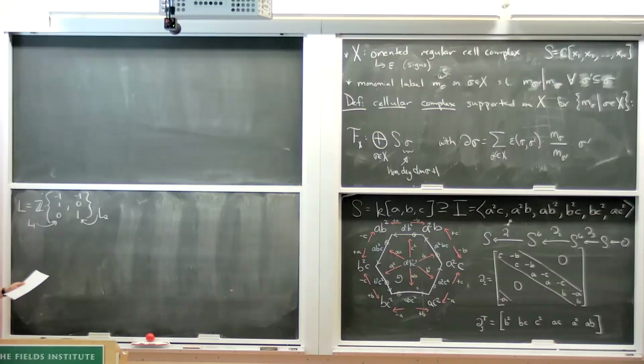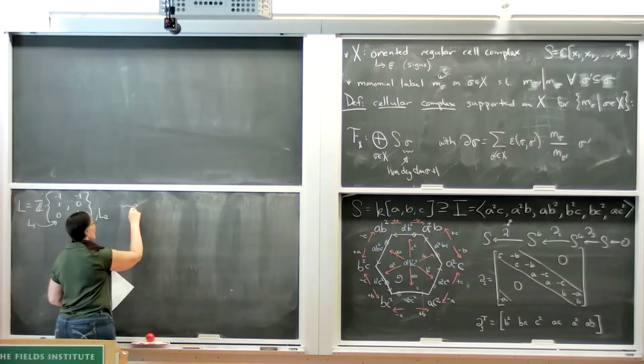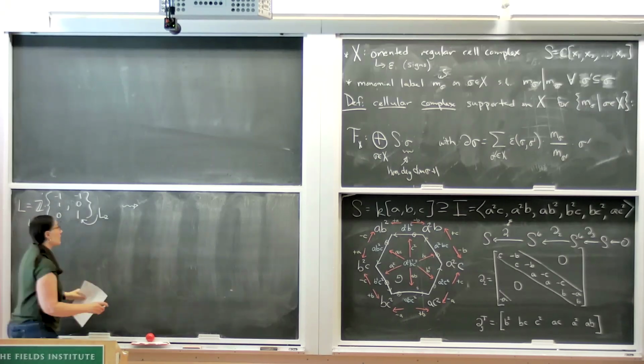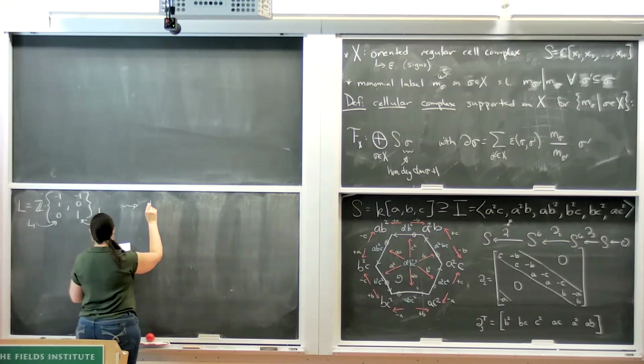Okay. What I want to do is think about now, if I think about the real span of these two vectors, these live inside of Z3, right? So if I take their real span, though, it's a two-dimensional thing. So I now have a plane inside Z3 and I'm going to use these two basis vectors as like my standard basis. Okay, so I'm looking at this RL.